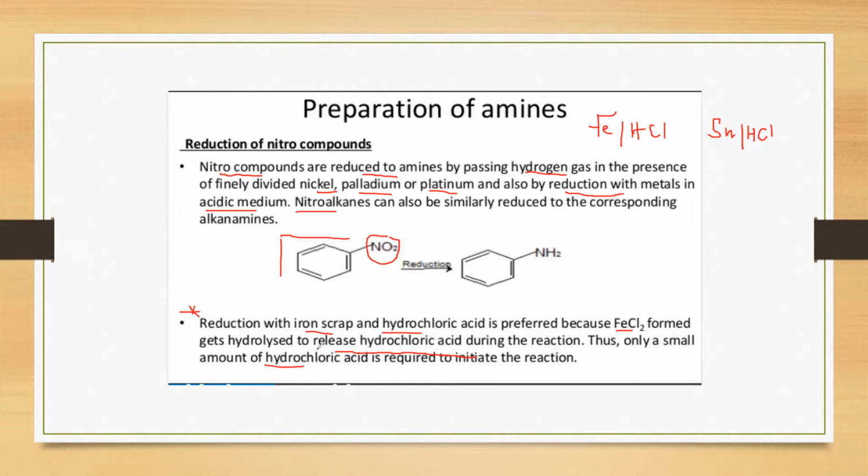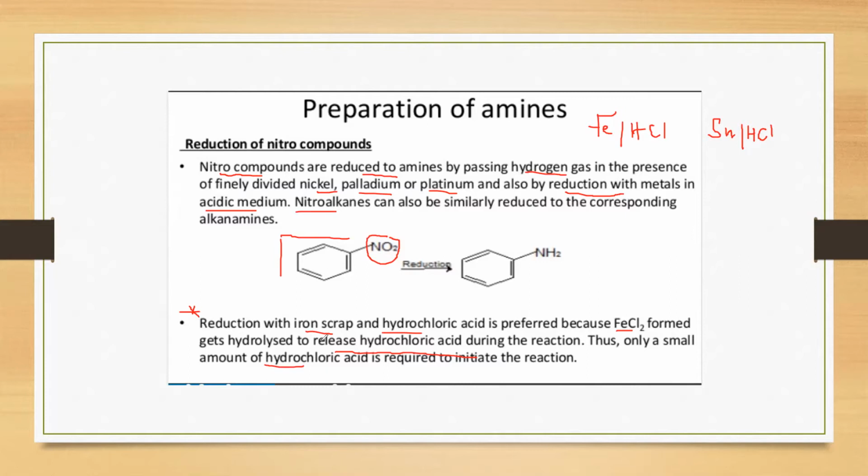That is why we prefer iron and HCl over other methods like catalytic hydrogenation or other metals in hydrochloric acid. This FeCl2 formed gets hydrolyzed back to HCl, so we need only a small amount of HCl to initiate the reaction.